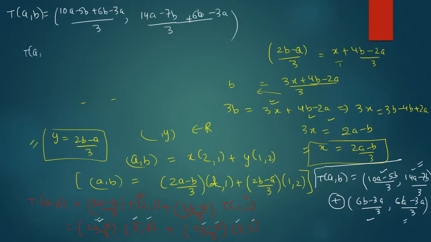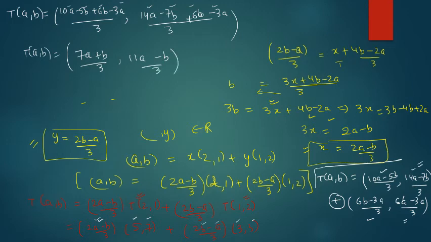So if you simplify it further, you will get 10a minus 3a, 7a, 6b minus 5b plus b by 3, right? And then here you have got 14 minus 3, 11a, 7 minus 6 is minus b by 3, correct? So this is your T(a, b).